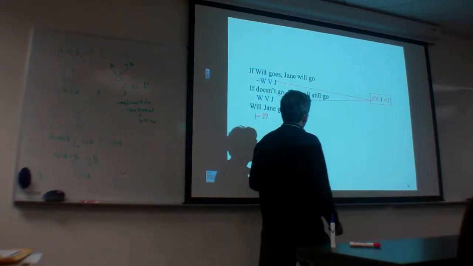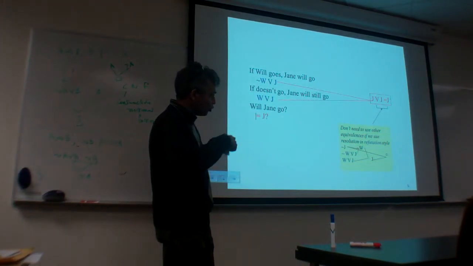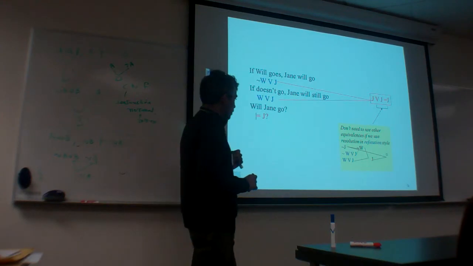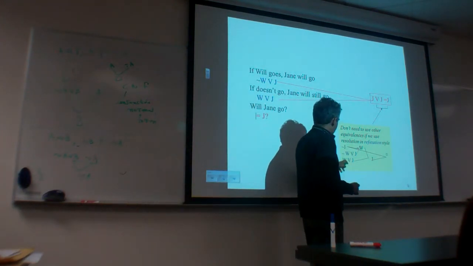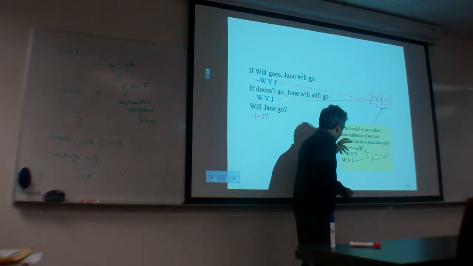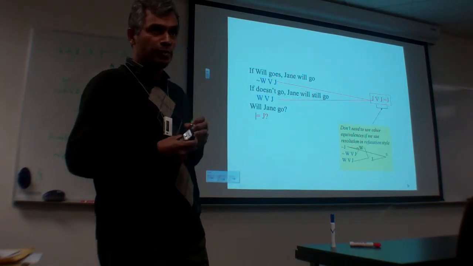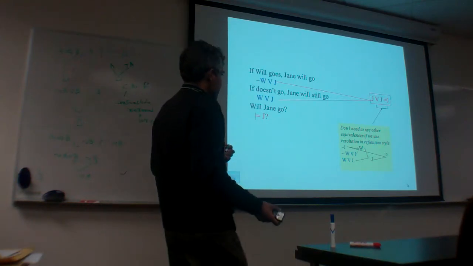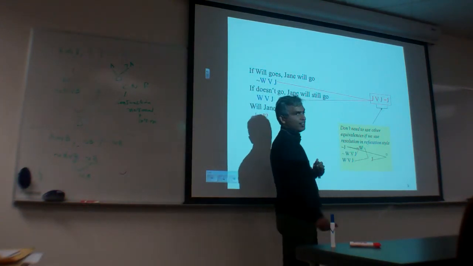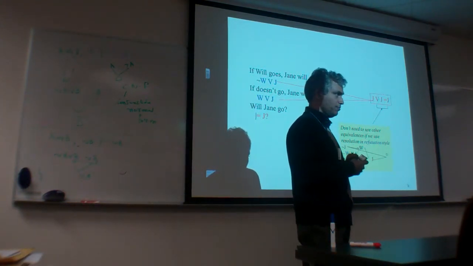If you go the refutation way, what do you do? You take not W or J and W or J, and then you also add not J, because you want to prove that Jane will go to the party. So you take the negation of Jane going to the party, not J, and add it to the knowledge base.